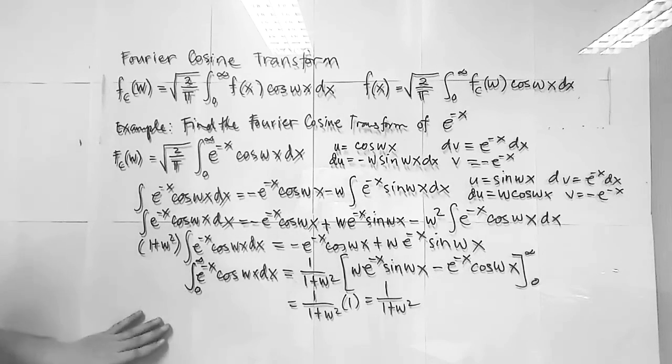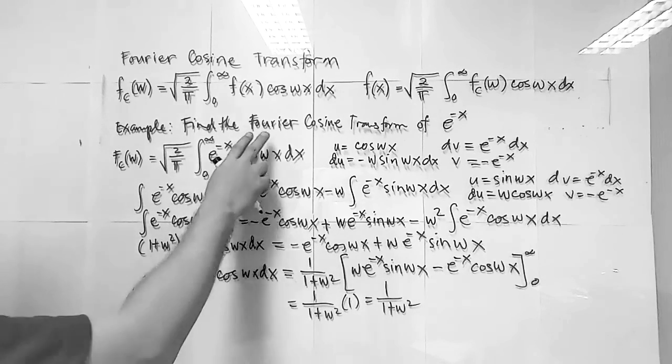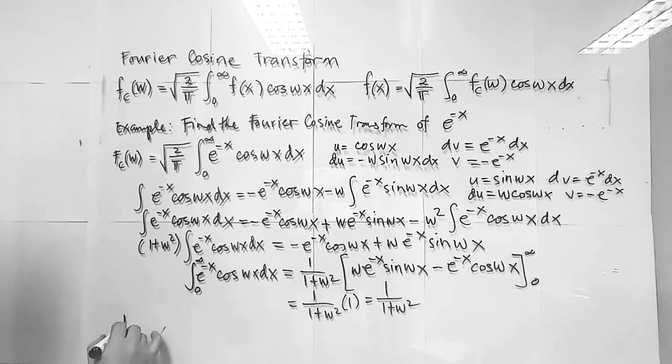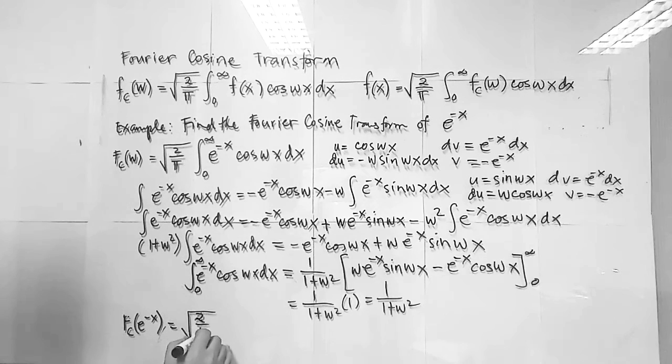Therefore, the Fourier cosine transform of our function f of x equals e negative x, you can use capital F or small letter f depending on your presentation, is equivalent to the square root of 2 over pi times 1 over 1 plus w squared.